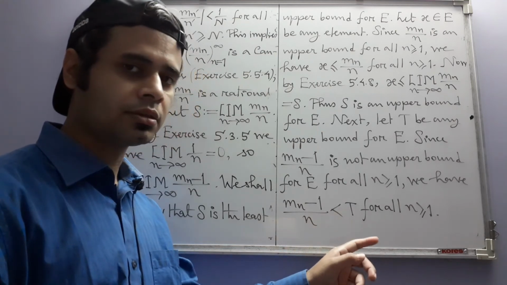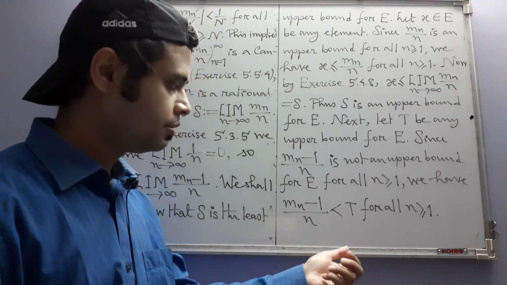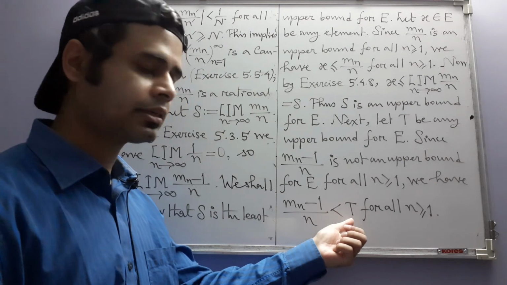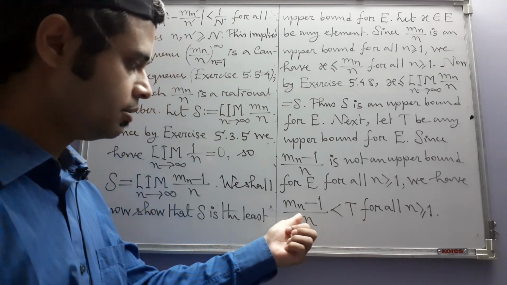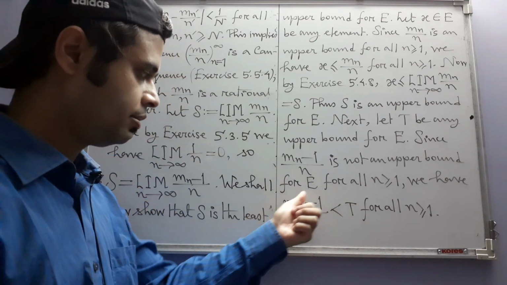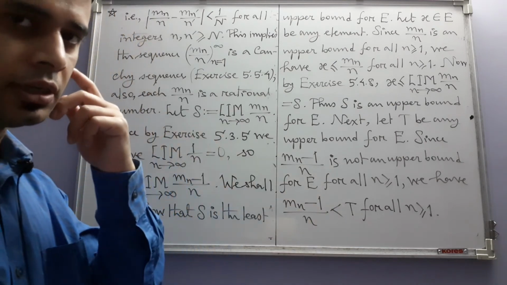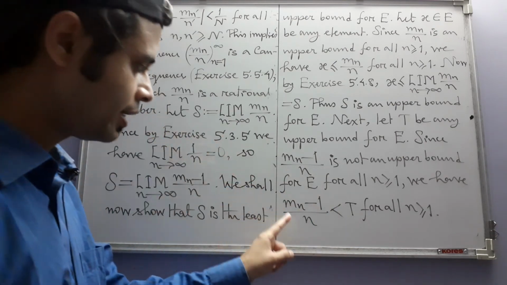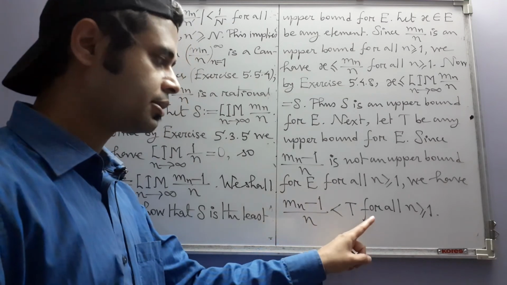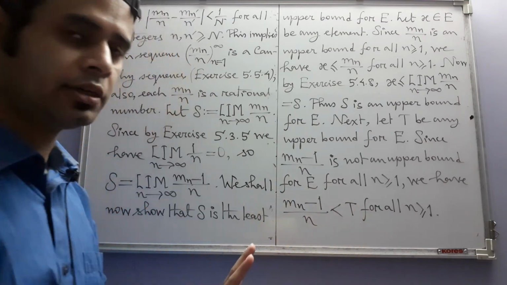If it becomes greater than or equal to T, then on account of the fact that T is an upper bound for E, we would then have to conclude that this is also an upper bound for E, which it is not. So that's why this cannot be greater than or equal to T, it has to be less than T.